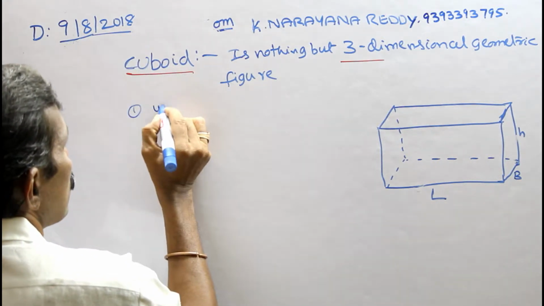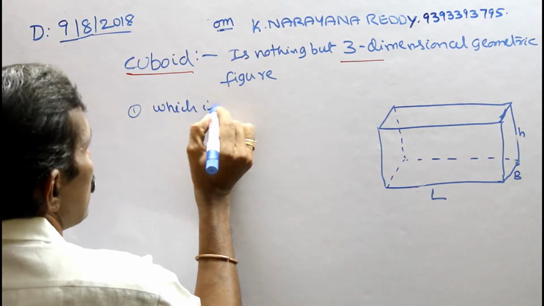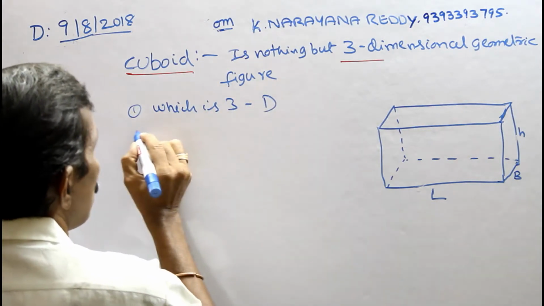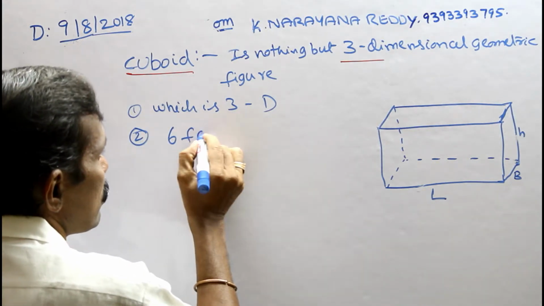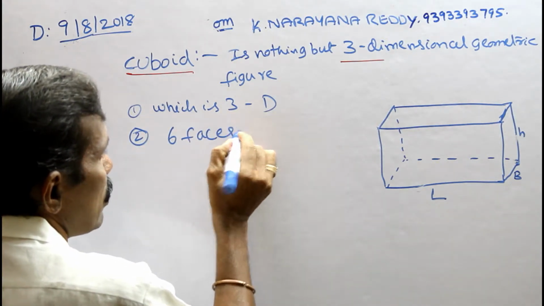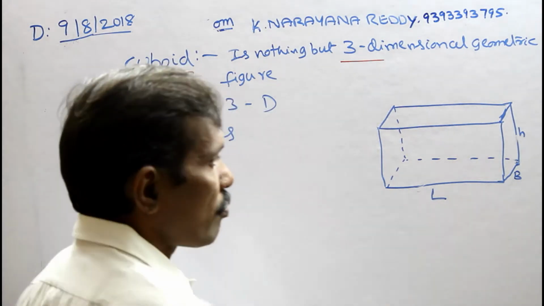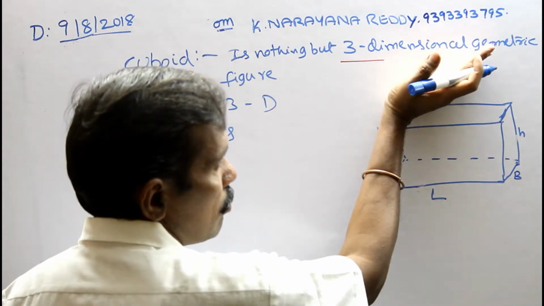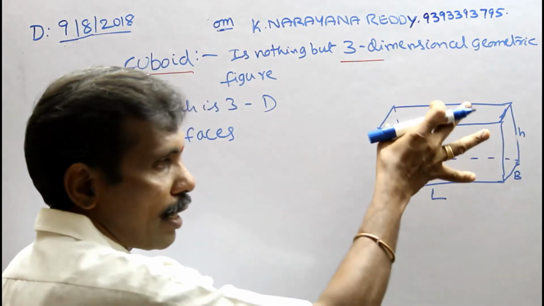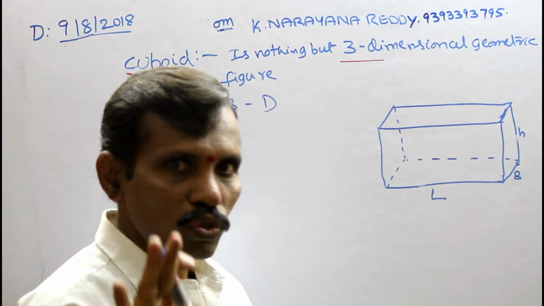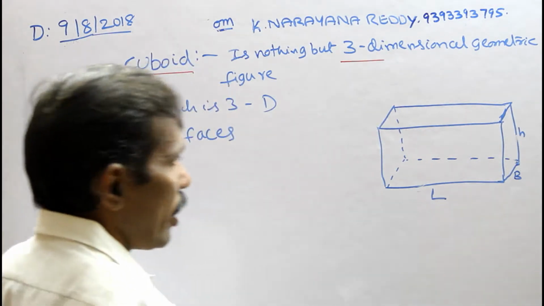Number one, which is three-dimensional, 3D, has 6 faces. Bottom, top, left to right, and front, back. So there are total 6 faces.